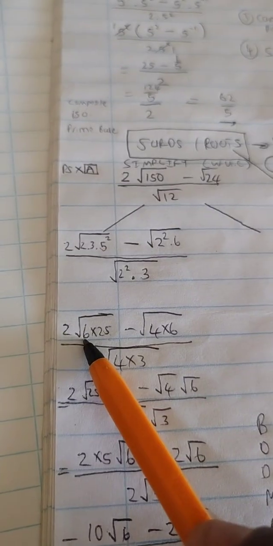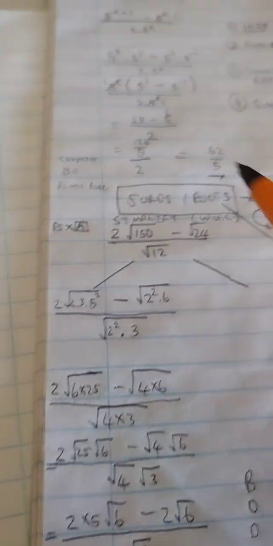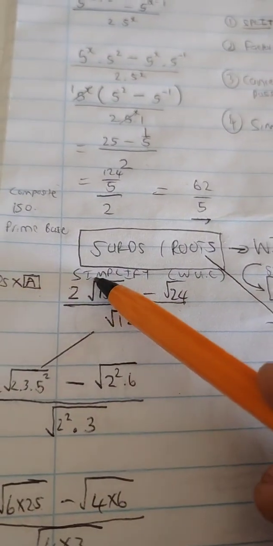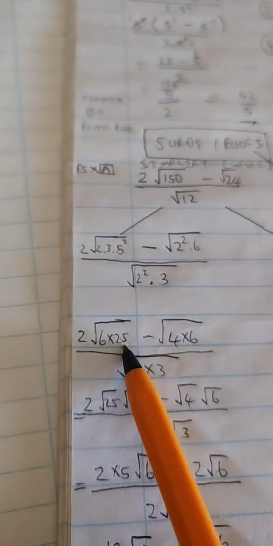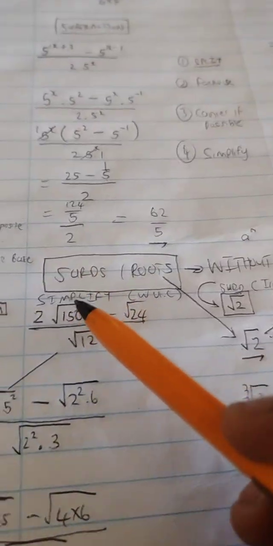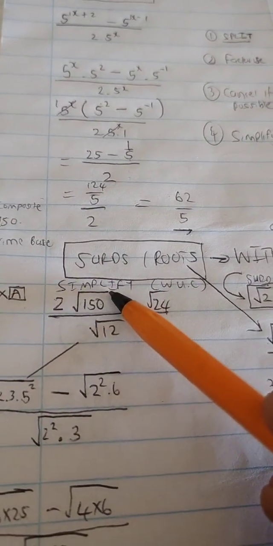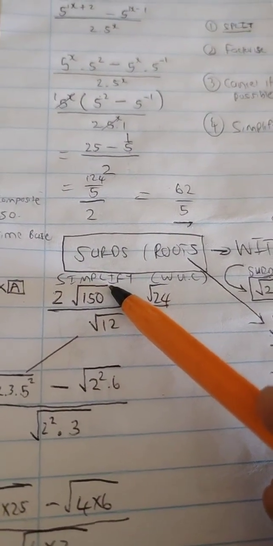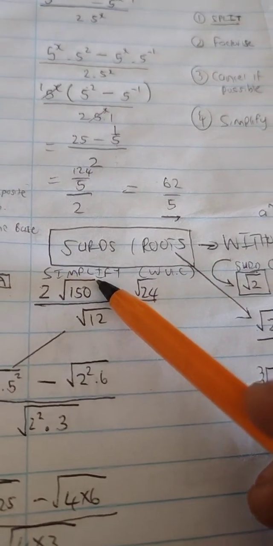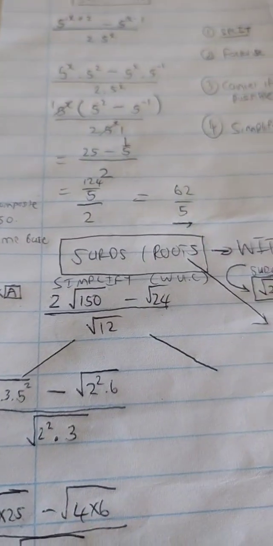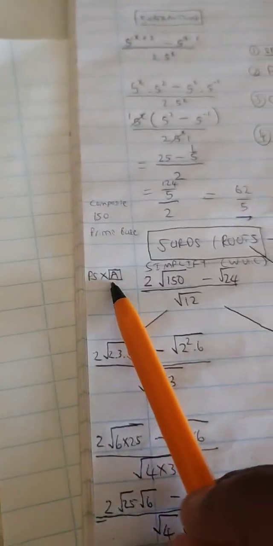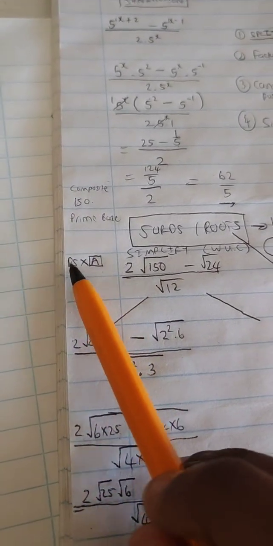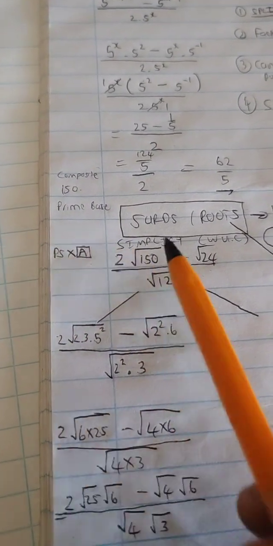And is that fine for this situation? Yes, because we have a square root here. That's why we look for a perfect square and another number. If it was a cube root that was here, we wouldn't look for a perfect square and another number. We'd look for a perfect cube and another number. So we always align the product of the two numbers, the one number being in accordance to the root.